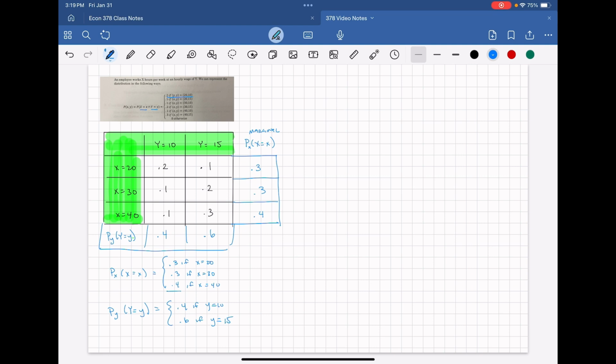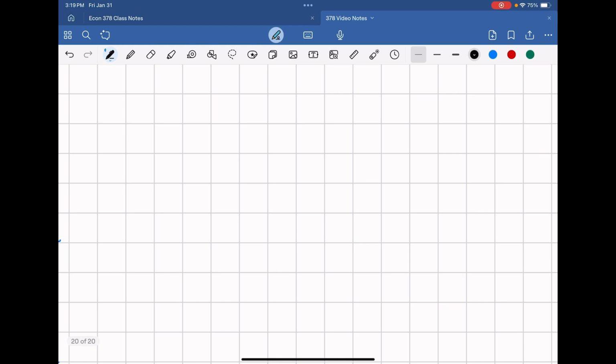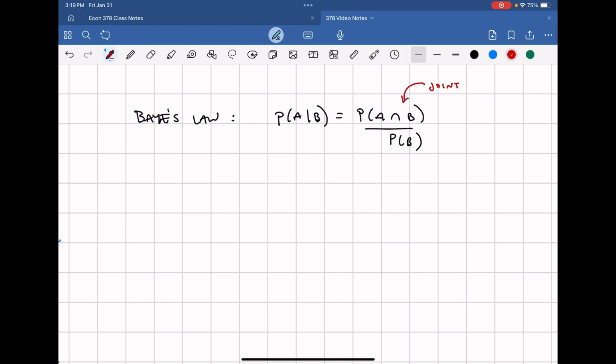Well, now if we have a marginal distribution, we can then turn to Bayes' law, which says that the probability of A conditional on B is equal to the probability of A and B over the probability of B. So given that I have a joint distribution up top and a marginal distribution on the bottom, I can calculate the conditional distribution.